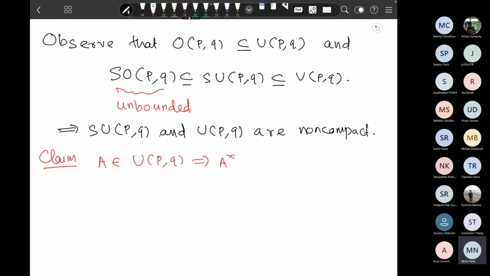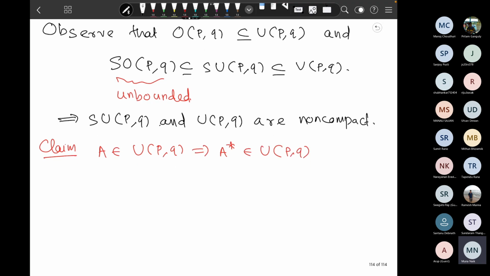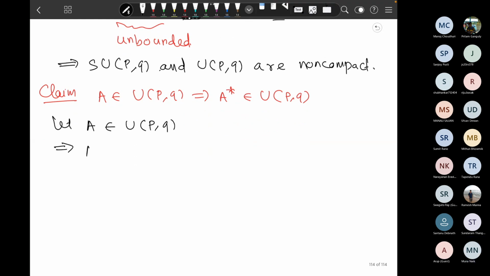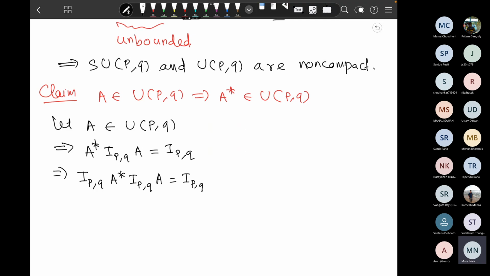This implies A star belongs to U(P,Q). So let A belong to U(P,Q). That will imply that A star I_{P,Q} A is equal to I_{P,Q}, and you apply the same argument. You multiply I_{P,Q} on both sides, so I get I_{P,Q} squared, and I_{P,Q} squared is the identity.